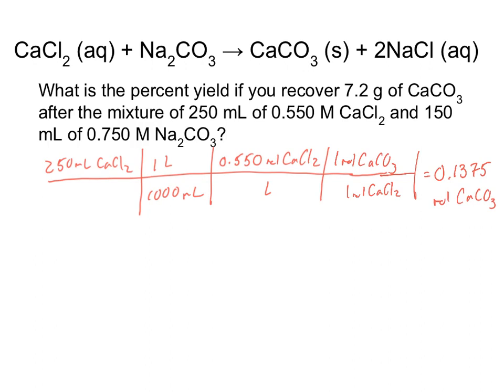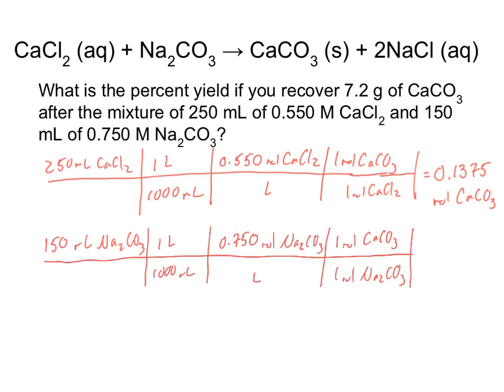Our next step is to do the exact same thing, but based on our starting amount of 150 milliliters of our sodium carbonate solution. And so, abracadabra, and by magic, we find that 150 milliliters of 0.750 molar sodium carbonate will yield for us 0.1125 moles of calcium carbonate.